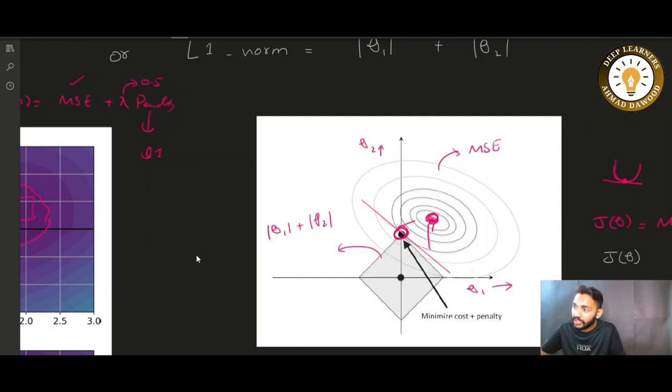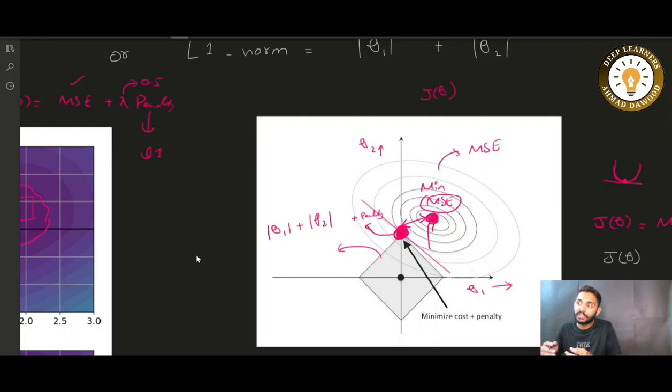This is the difference between the actual minimum mean square error, this point, and the minimum cost function when you have added the penalty.